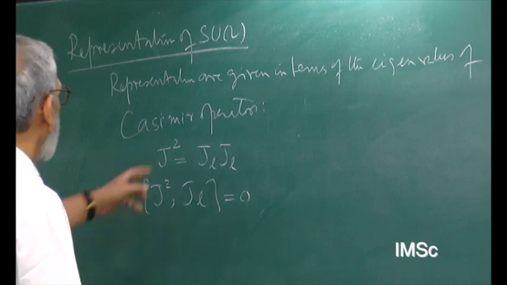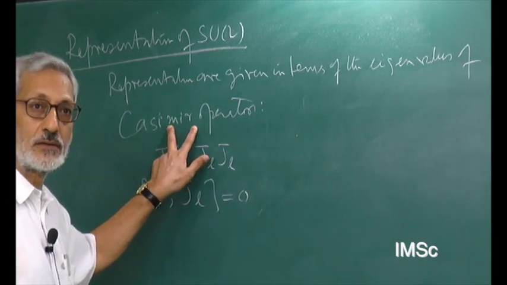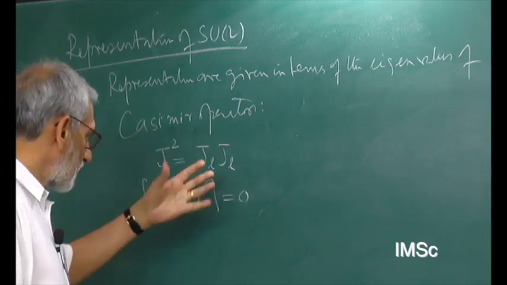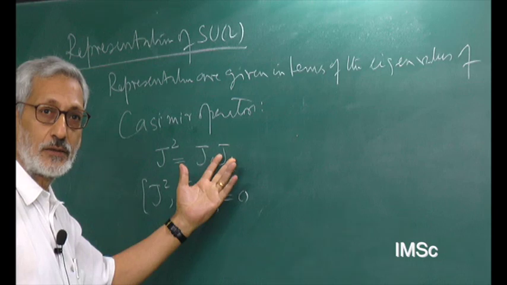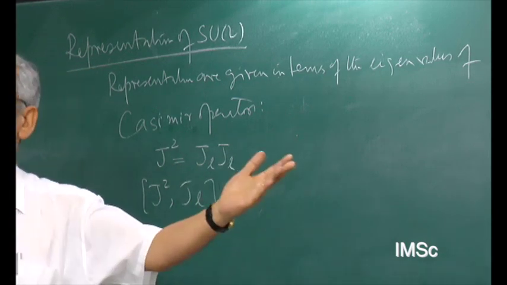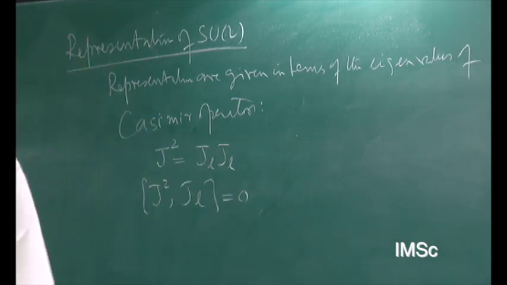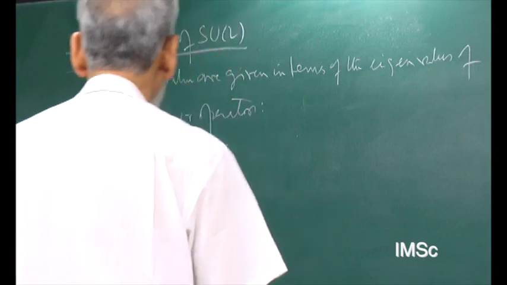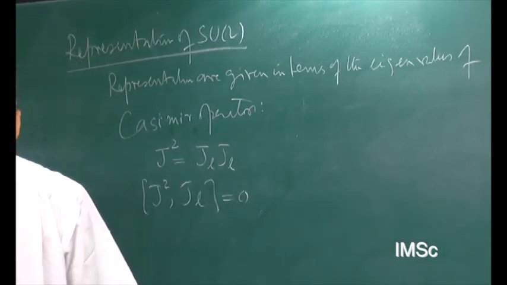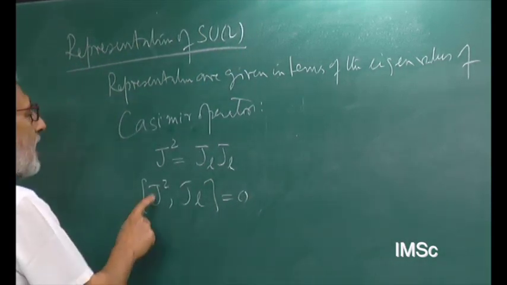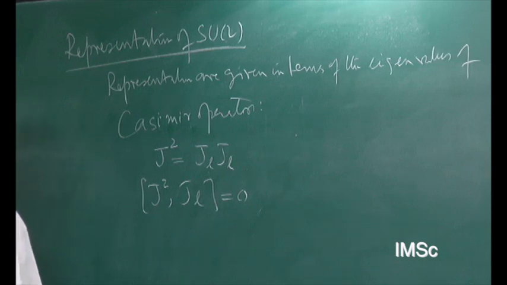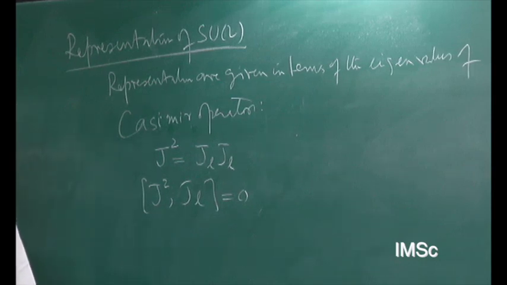So Casimir operators are the operators that you construct from the generators in a way that they commute with all generators. That's the definition of a Casimir operator.